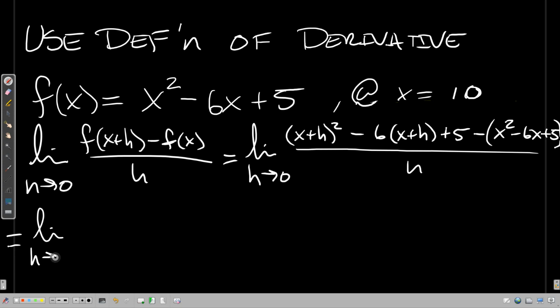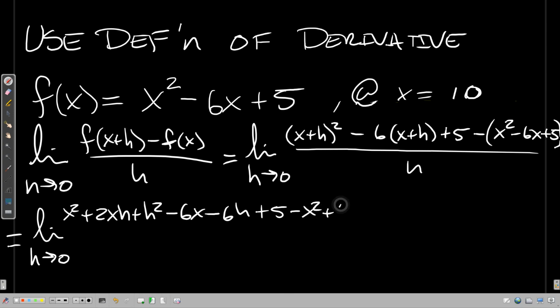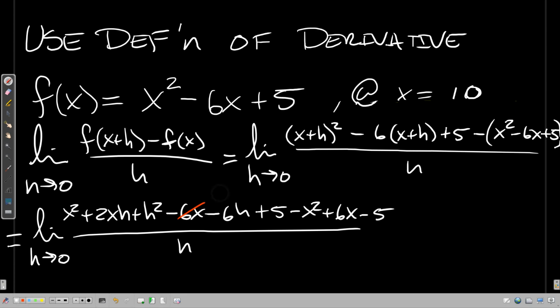So I'd be looking at the limit as h goes to 0 of x squared plus 2xh plus h squared minus 6x minus 6h plus 5, and then I'll distribute the negative, minus x squared plus 6x minus 5. And we get some nifty cancellation on the 6x's, on the 5's, and on the x squareds. In fact, all of these terms must cancel or you have made a mistake.